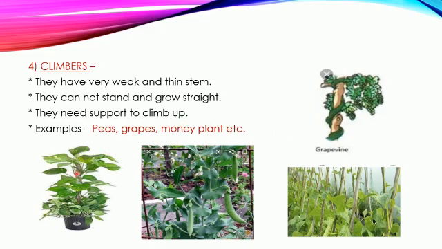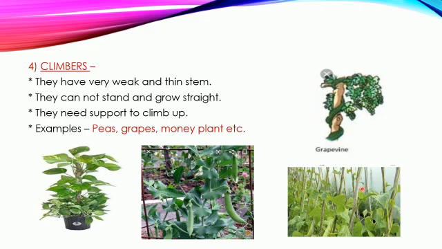So it can't stand straight without the help of any support. Here also you can see this is the money plant, a very common plant. Here is the support. It is growing upward with the help of this support. Here also you can see a frame is there. This is the pea plant. It is growing, wrapping itself around this frame. Here also you can see the plant is growing, wrapping around the support.